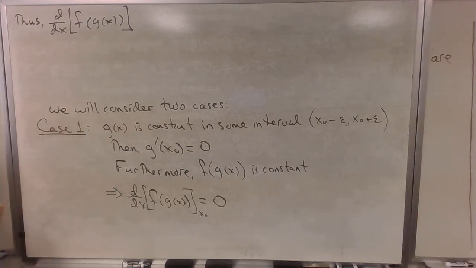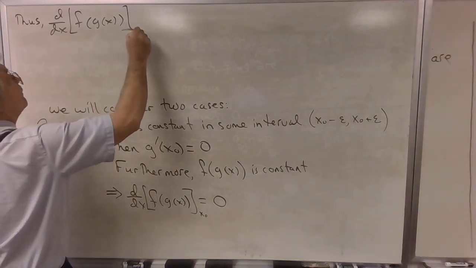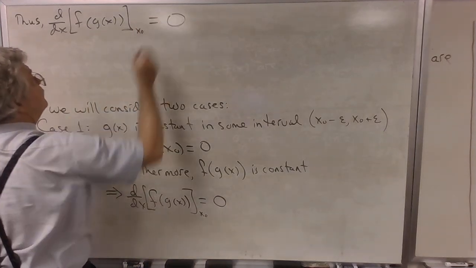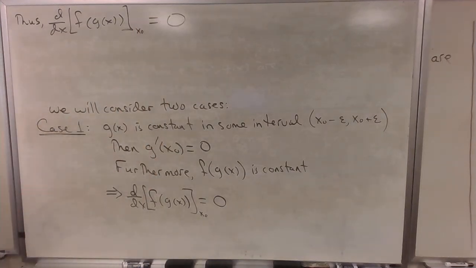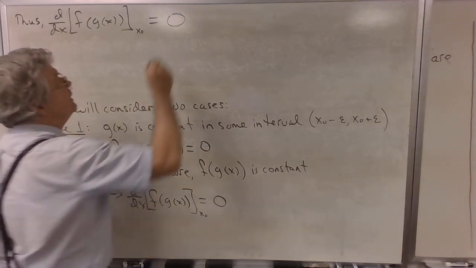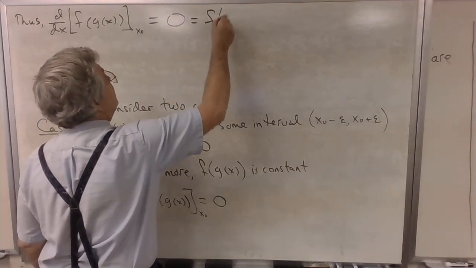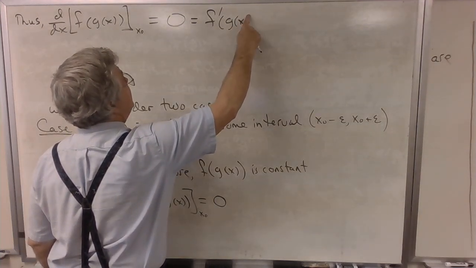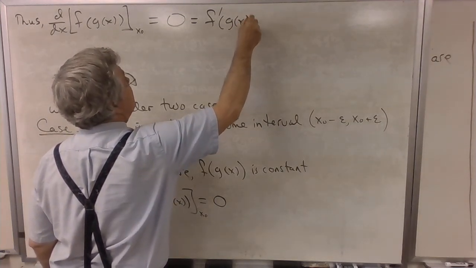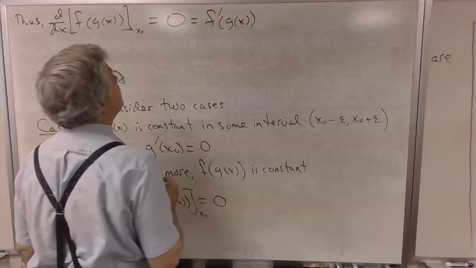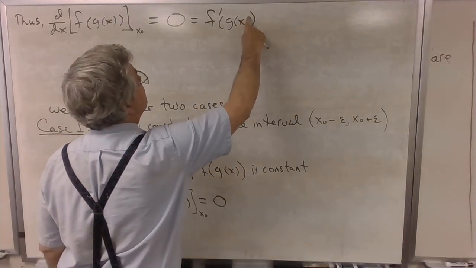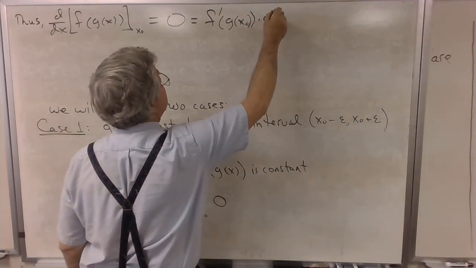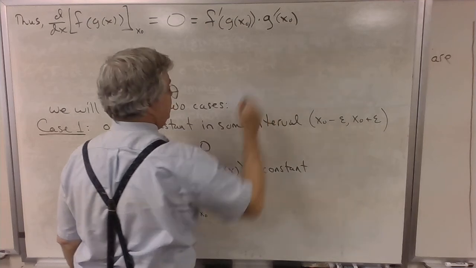So the derivative of f of g of x evaluated at x naught is 0. And that's going to equal f prime of g of x naught times g prime of x naught.